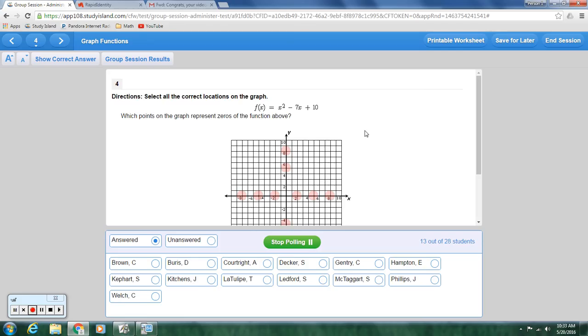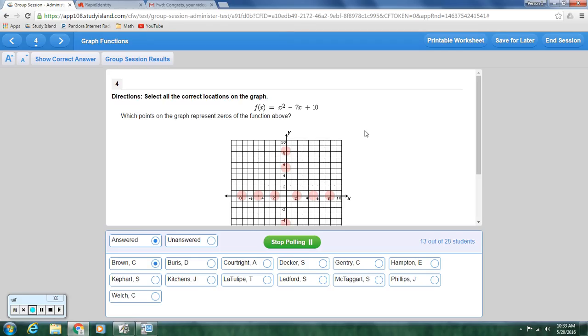I would graph it first. Zeros, roots, solutions, x-intercept all mean the same thing. There could be more than one answer.